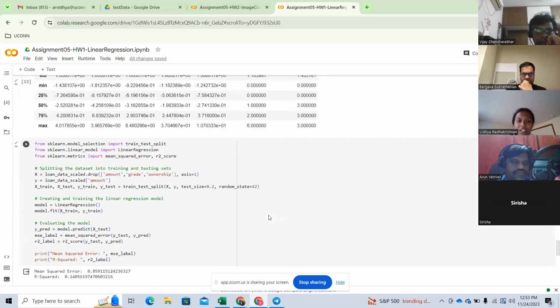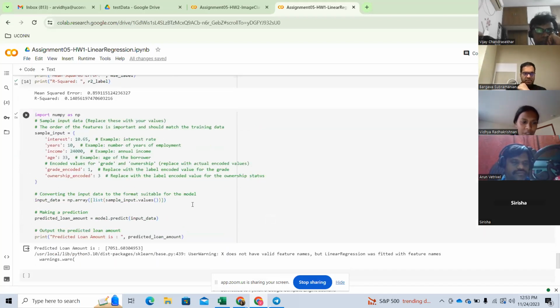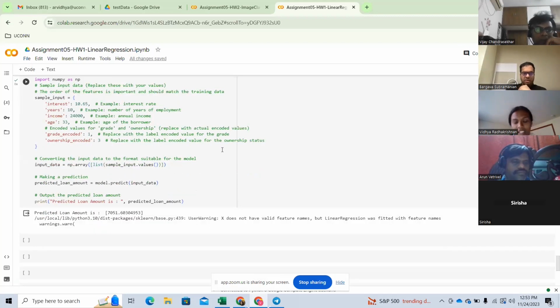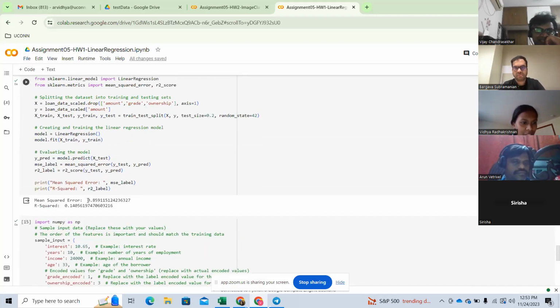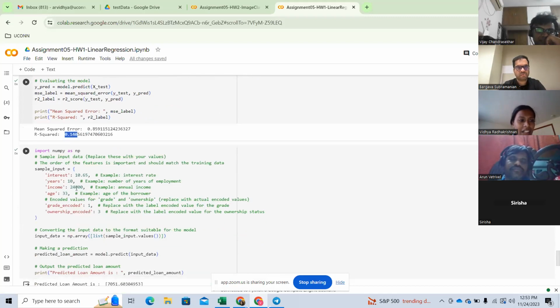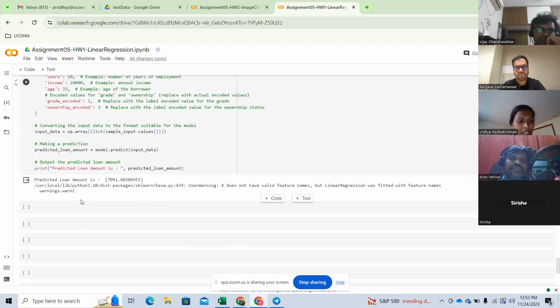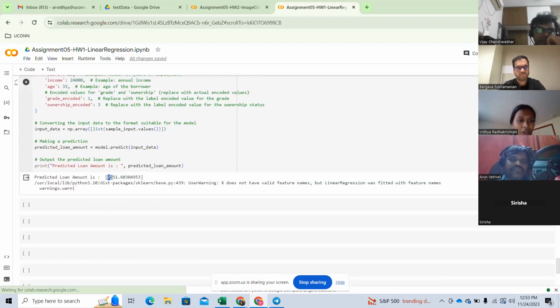So this is my linear regression homework that I did. Did it make any difference? No, the mean square error was the same, around 0.85, and R squared was 0.14. I used the same data points here too, but it gave me a different value, around 7,000.